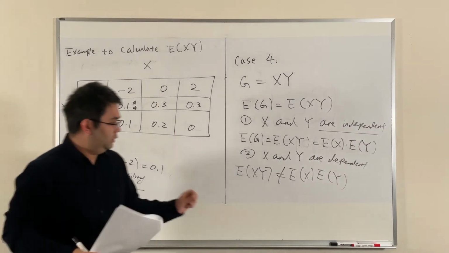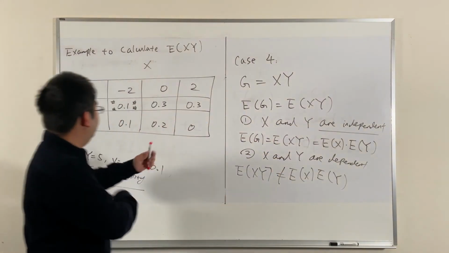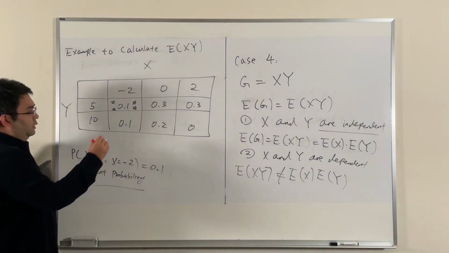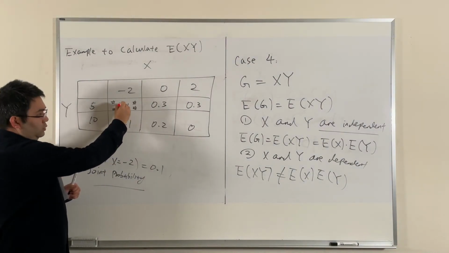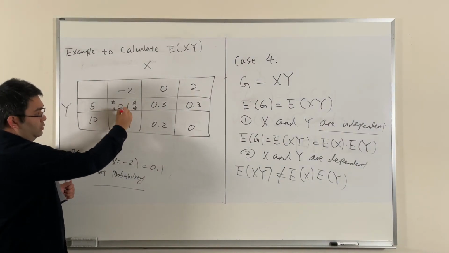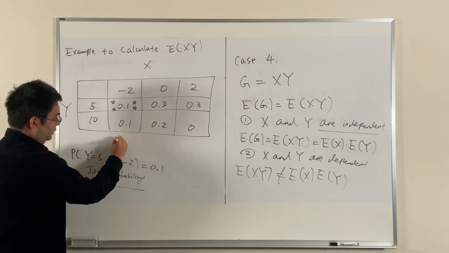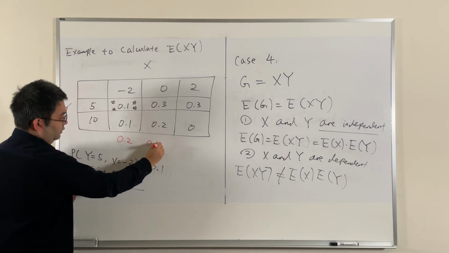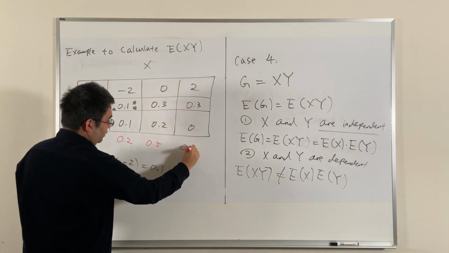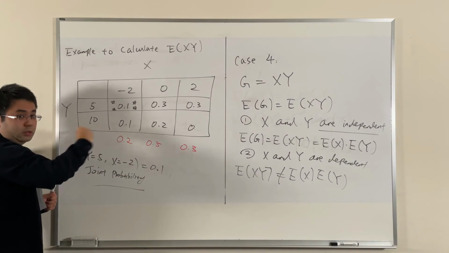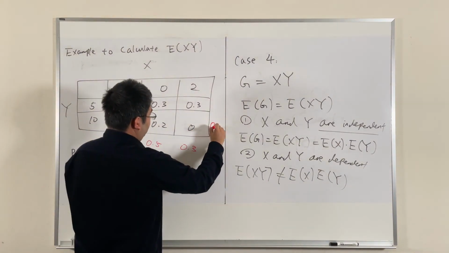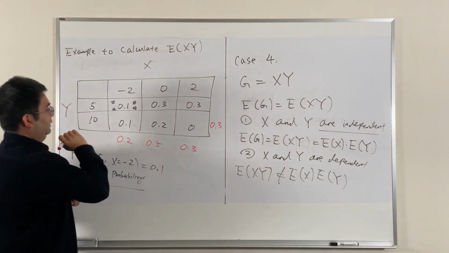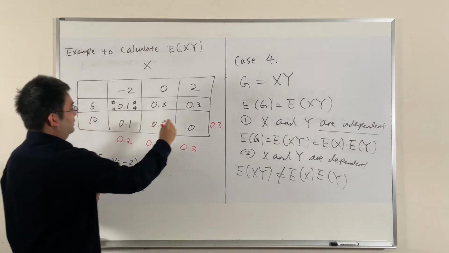What else can we do? Grab a pen here. If we sum up these two joint probabilities vertically, it will give us 0.2. This will give us 0.5, and this will give us 0.3. Then we do it horizontally: 0.3, and this one is 0.7.